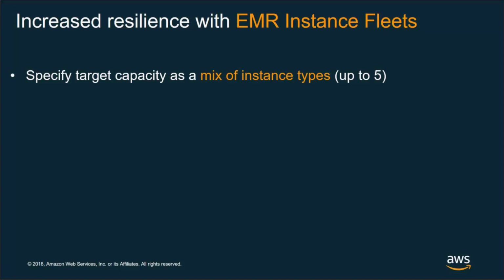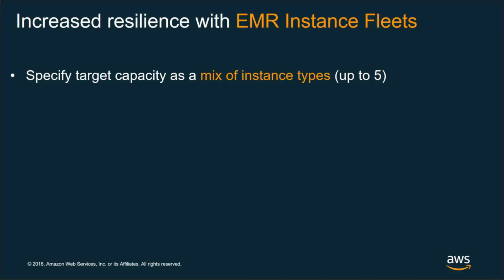But this gets a lot more interesting with EMR instance fleets, which is the newer configuration for EMR, and that has a much better fit for Spot instances, in that you can specify a target capacity as a mix of instance types, and you can specify up to 5 instance types. That means that instead of talking in the amount of instances that I want for my cluster, I can tell EMR how much each instance type is worth towards my target capacity.